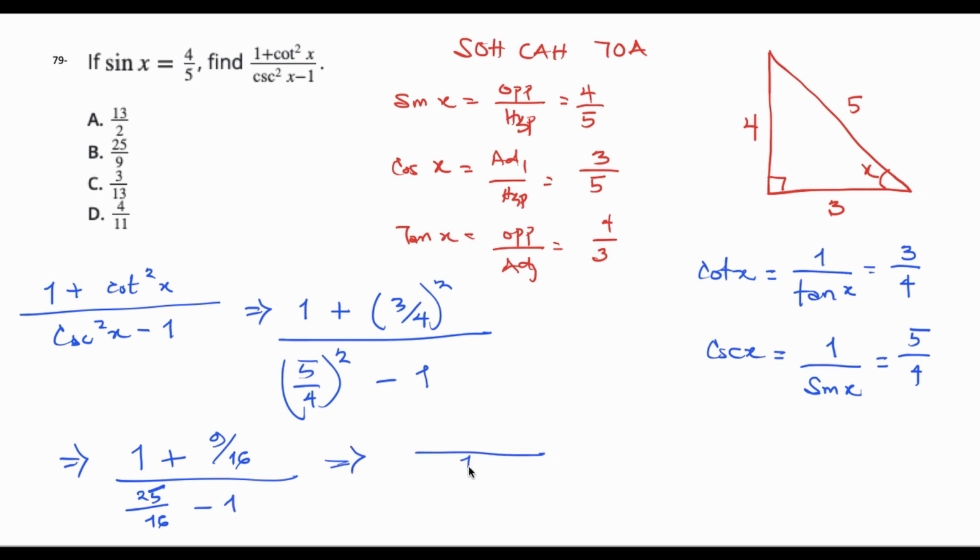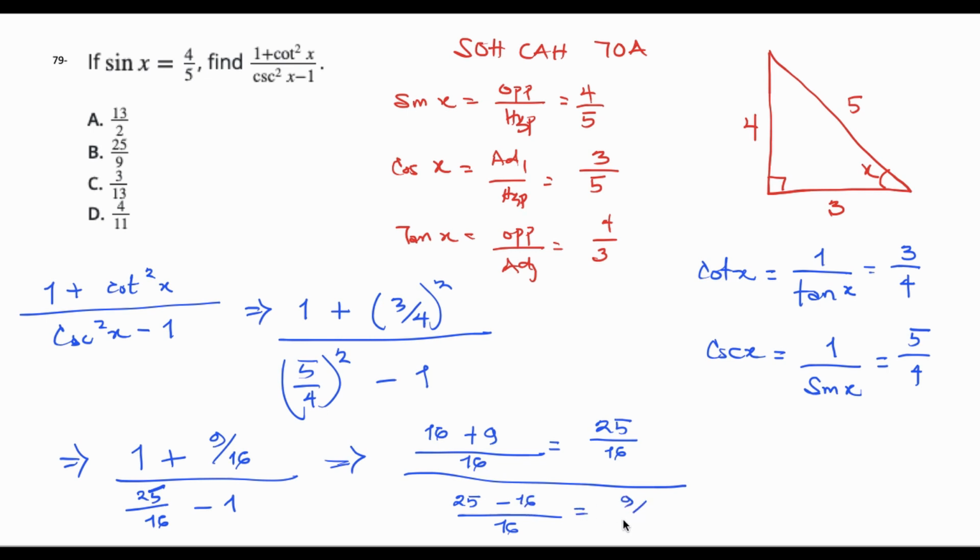So for the numerator here, if we have a denominator of 16, 16 divided by 1 equals 1, times 1 is 16, plus 16 divided by 16 is 1, 1 times 9 is 9. So we have 25 over 16. And for the denominator here, if we also have a denominator of 16, 16 divided by 16 is 1, 1 multiplied by 25 is 25, 16 divided by 1 is 16, 16 multiplied by minus 1 equals minus 16.